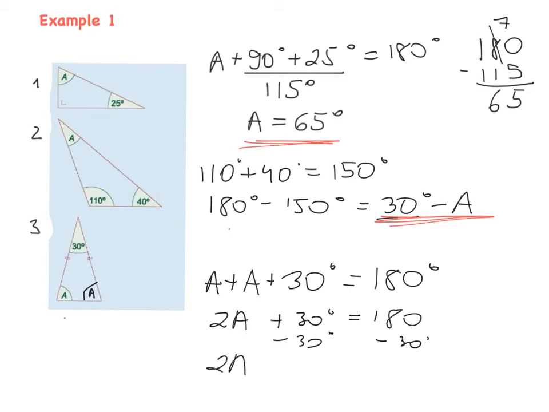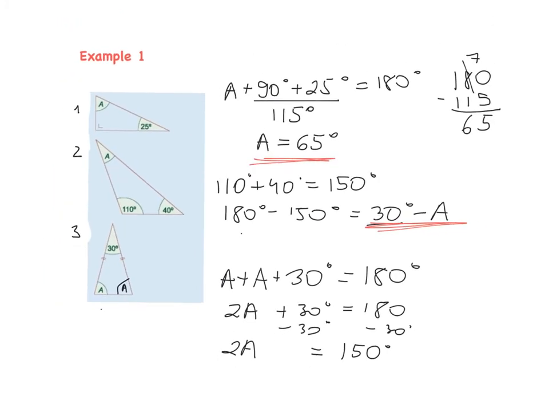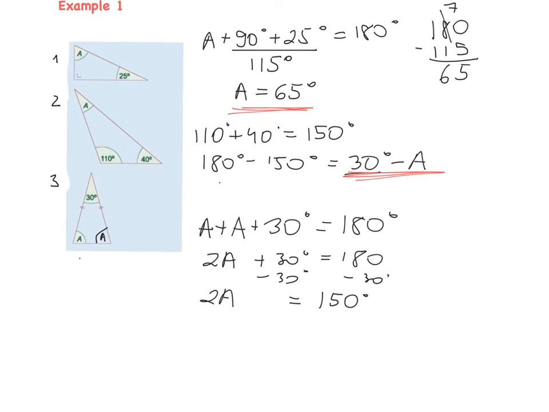And 2A equals 150 degrees. So as you can see, algebra is everywhere, okay? And you will be using it a lot. Now, divide by 2, divide by 2. So 2A equals 150. So 1A is 75 degrees.